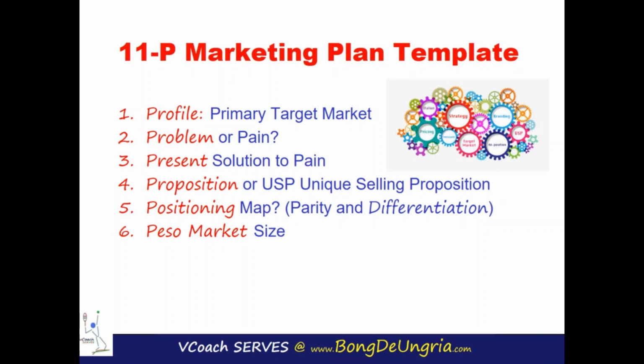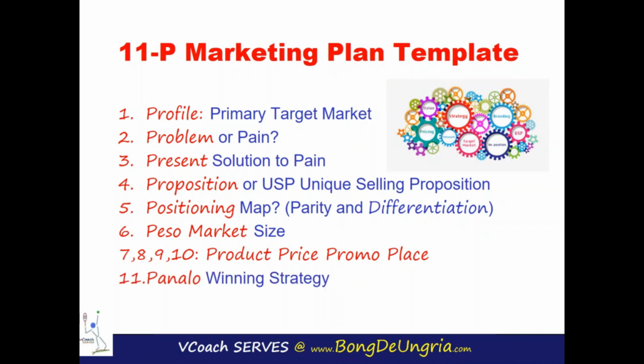The next four steps are the marketing mix: the product, the price, the promo and place strategies. And the 11th step, which also starts with a P, is called the Panalo winning strategy.